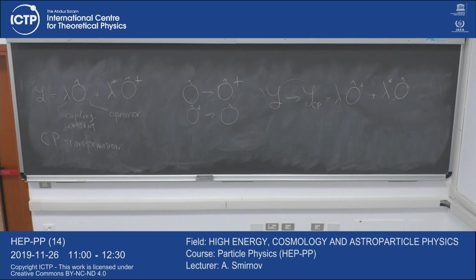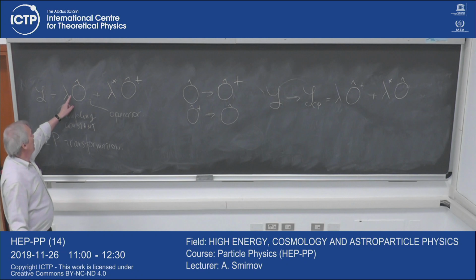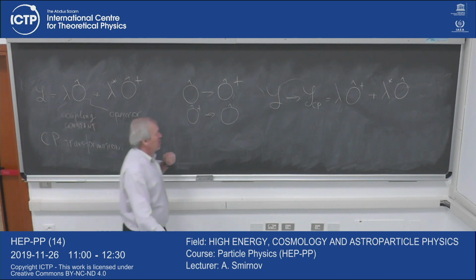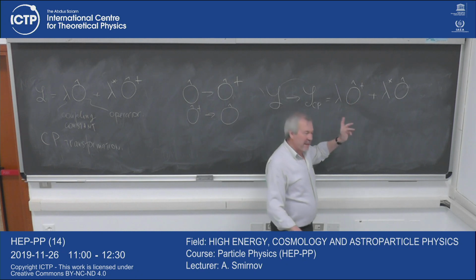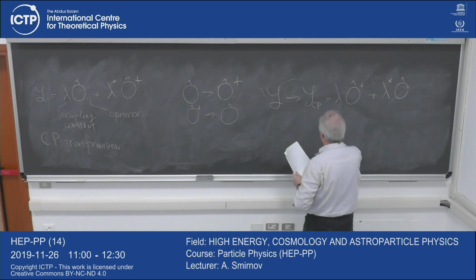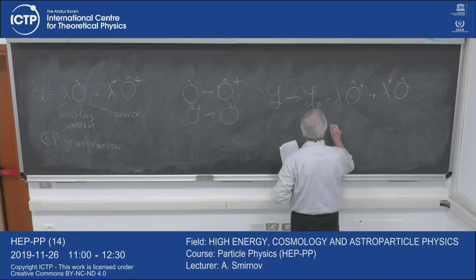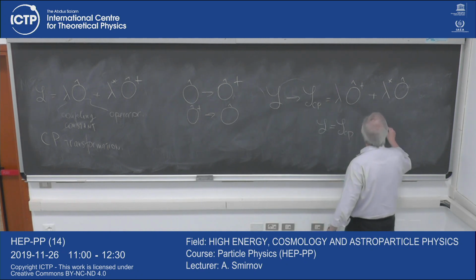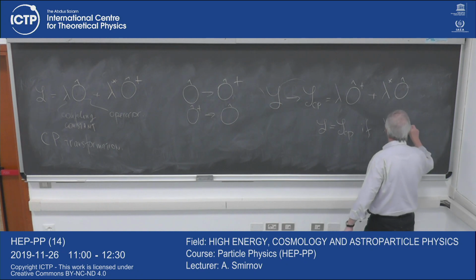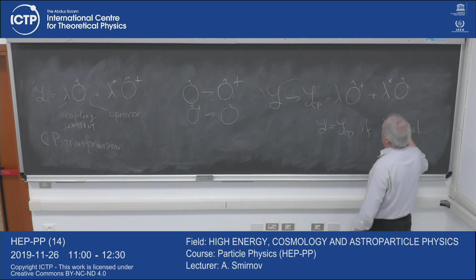And the Lagrangian is different because here lambda is staying with just O, and here lambda is staying with O dagger. But they will be the same, so you will have invariance, lambda equals lambda CP transformed, if lambda is real. Okay?